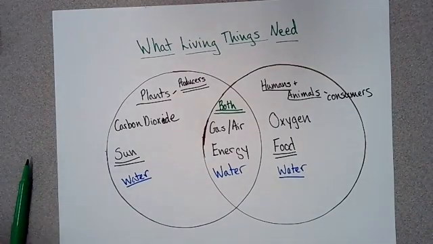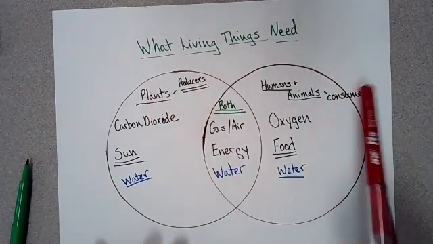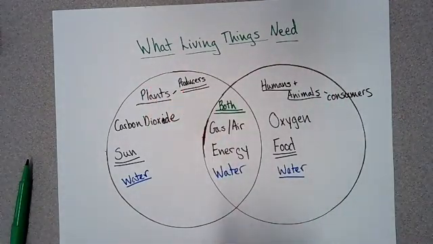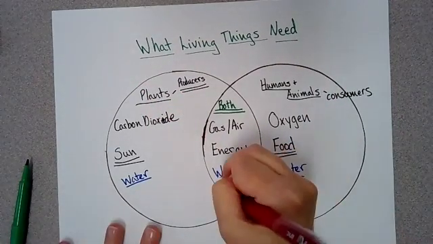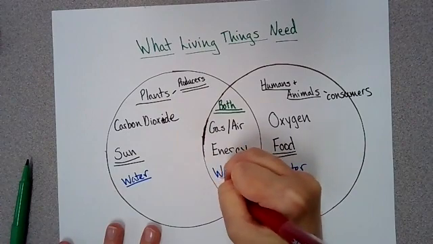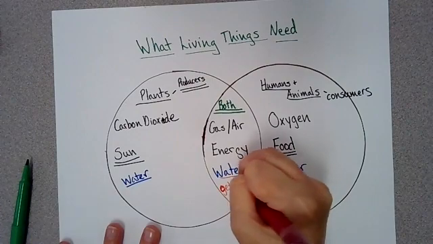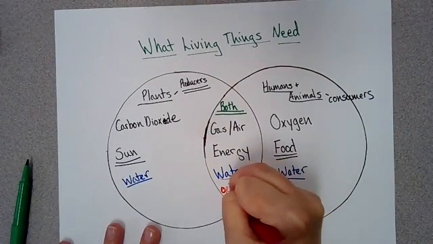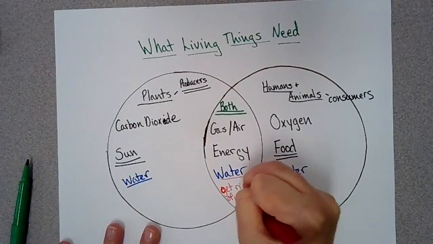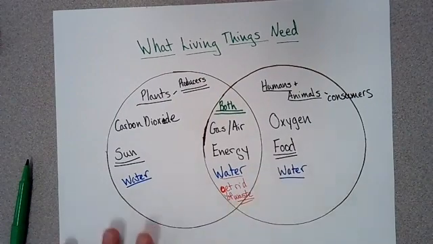And the last thing that both of us have to be able to do, plants as producers and humans and animals as consumers, is get rid of waste. I know all my fifth grade students are thinking right now, ooh, Miss Ross is talking about pooping.